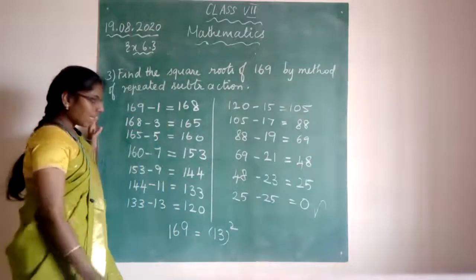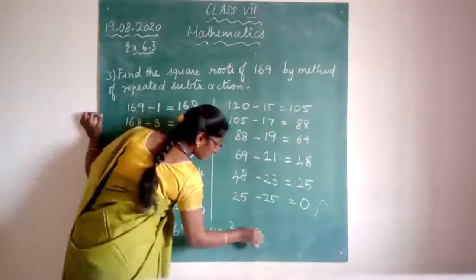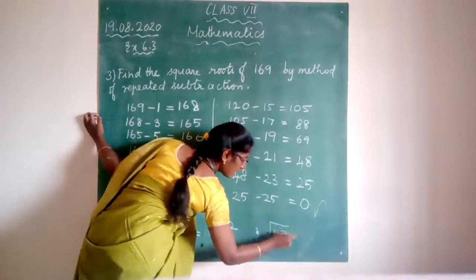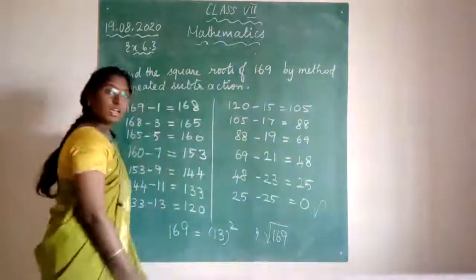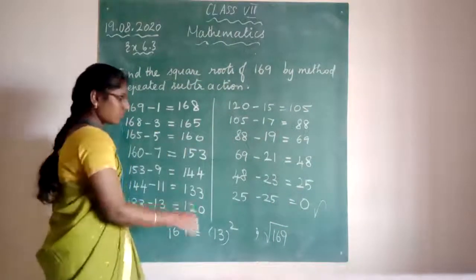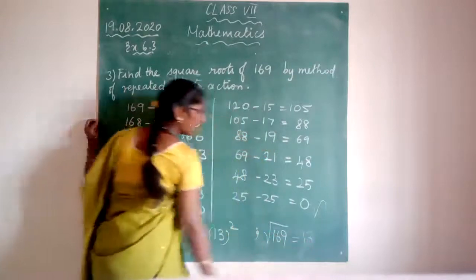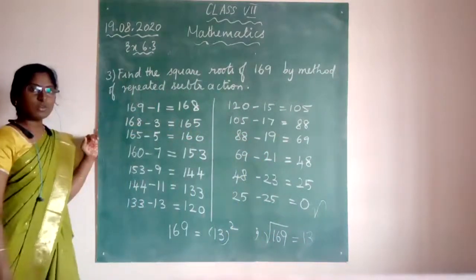Otherwise you can write the square root of 169. So this is the symbol of square root. So square root of 169 is 13. Is it understood for all of you?